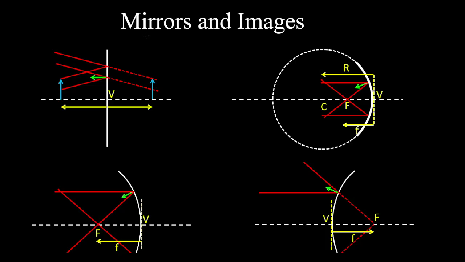A mirror is an optical device that forms an image by reflecting light.